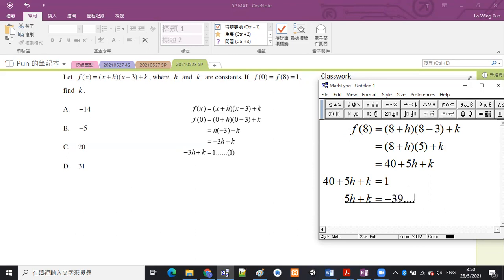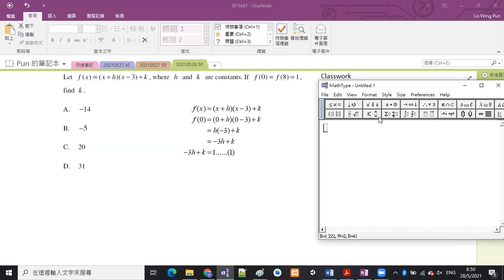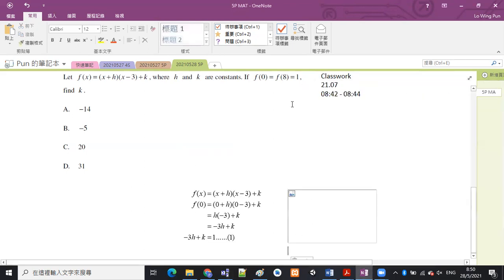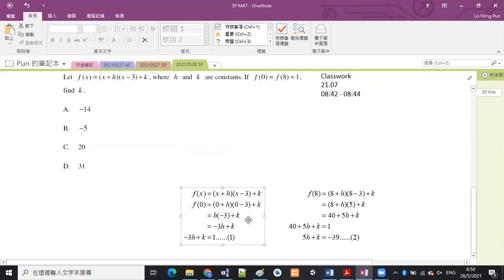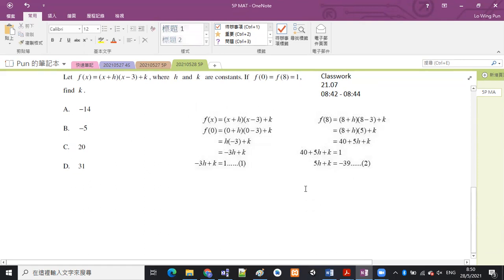And label this to be equation 2. Can you get this? Now we have set the equation 1 and equation 2.